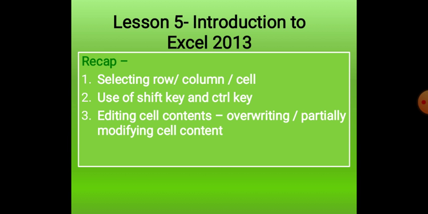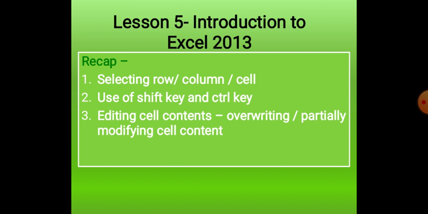This way we can replace existing cell contents with the new contents. If we want to just partially modify cell contents, then we use the F2 function key or double click on the cell, and as the insertion point cursor appears in the cell, we edit the cell contents partially, not completely.